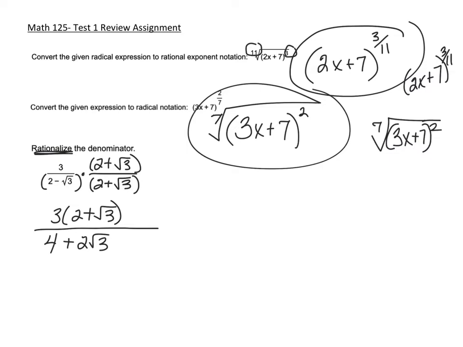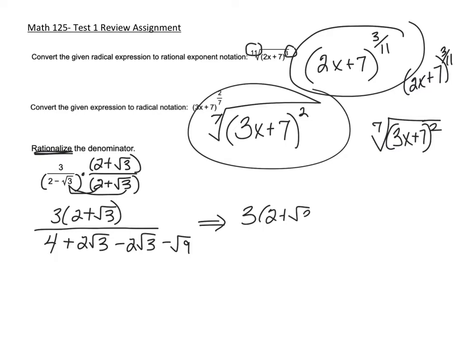The inner terms, 2 times a negative square root of 3, gives you negative 2 square root of 3. And finally, the last terms, square root of 3 times square root of 3, is just square root of 9. So minus square root of 9, which is 3. So let's simplify it.